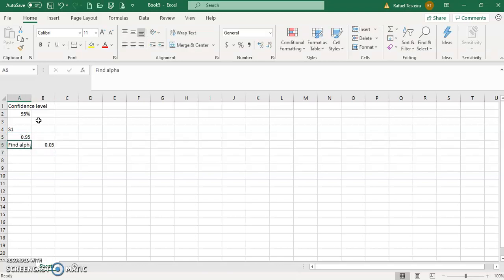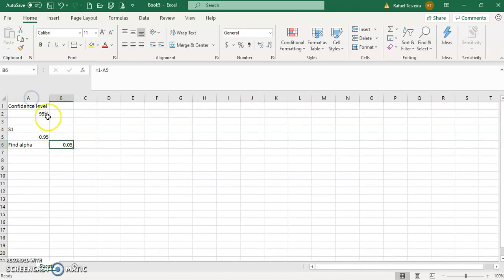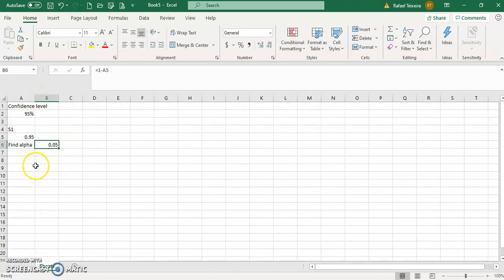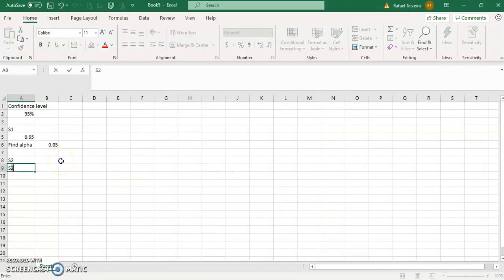So you found the alpha is 0.05. Step number 2, let's take a look at the slides. Step number 2 is divide alpha by 2, which is equal to this number divided by 2.